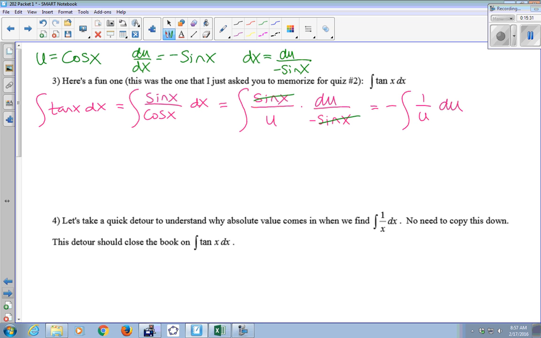What is the antiderivative of 1 over u? ln of u. It's actually the ln of the absolute value of u. So I've got a negative sign, and then ln of the absolute value of u, plus c. And then I need to substitute back in for my u. The u was actually cosine x. So this becomes negative ln of the cosine of x plus c.